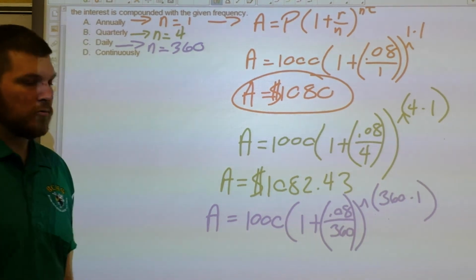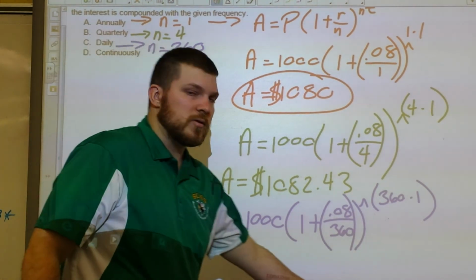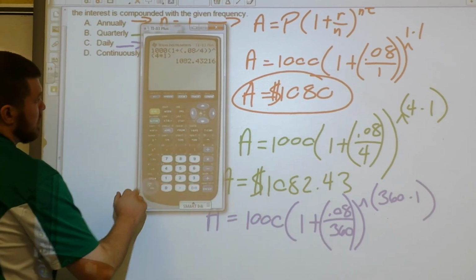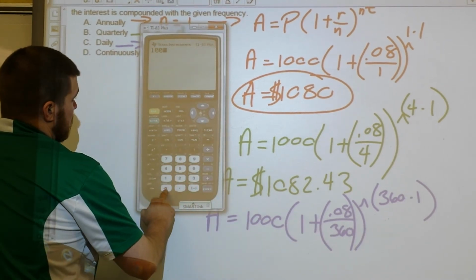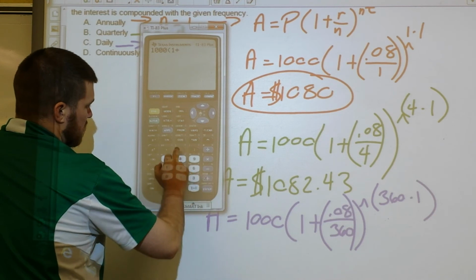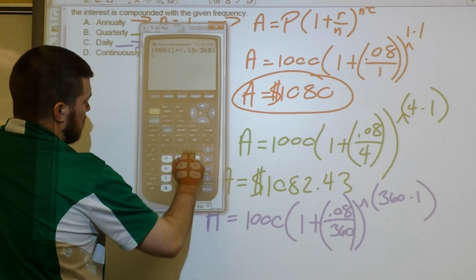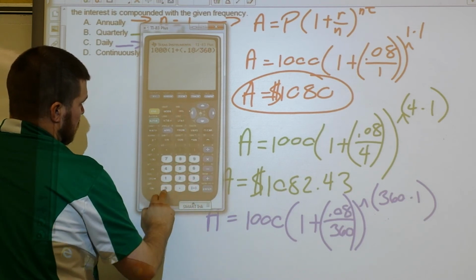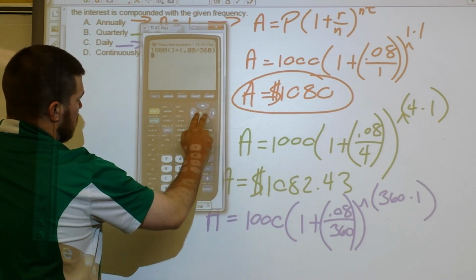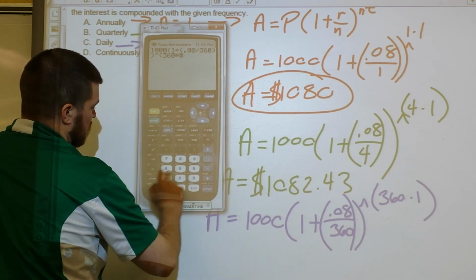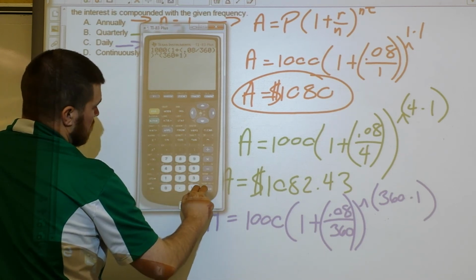Again, write it out as best as you can. That way you're pretty guaranteed to type it in correctly if you know what you need to type in. 1,000, parentheses 1 plus 0.08 divided by 360. Make sure you type it in right, because if you mess up, it's going to change the problem. Raised to parentheses 360 times 1.